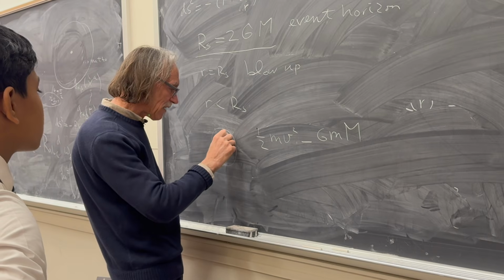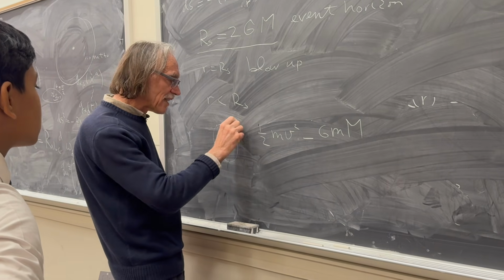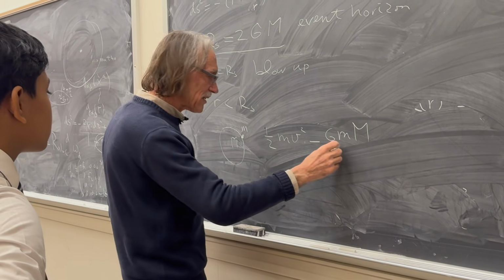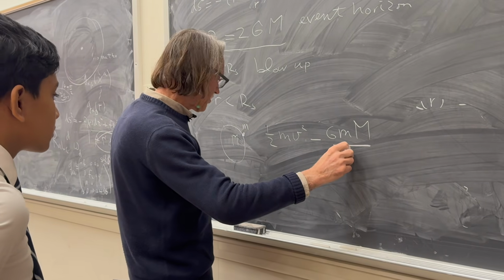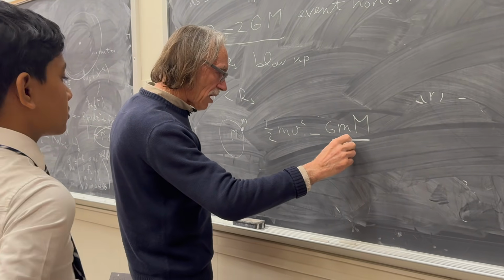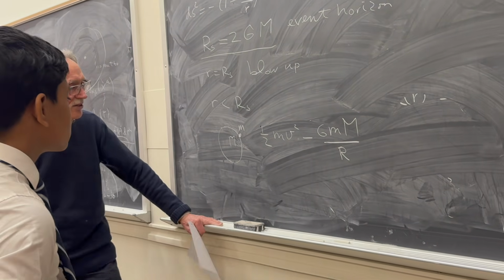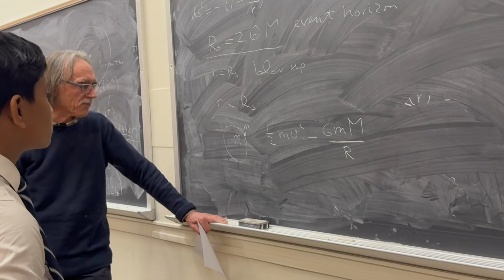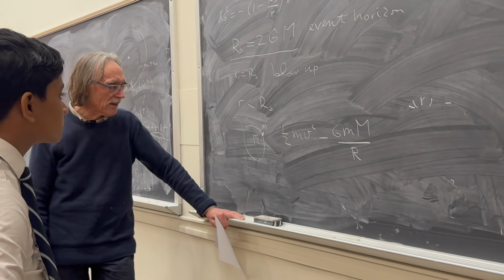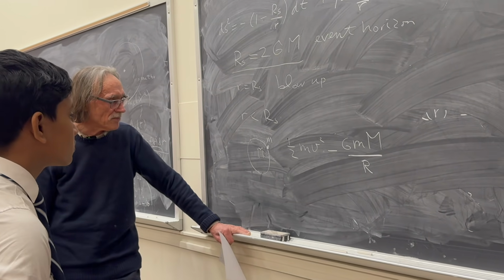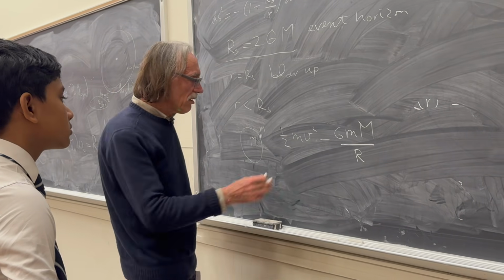There's a mass M here, and we calculate the escape velocity of a smaller mass m, with the gravitational potential at distance r.